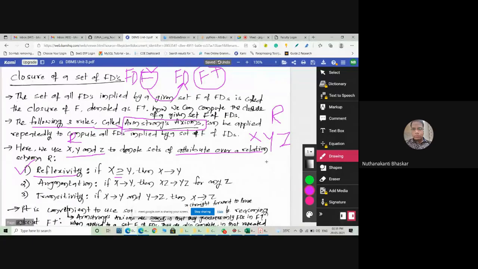X is a subset of Y. Here Y is a set, and X is one of the parts of Y, correct? Yes or no? Yes, sir.